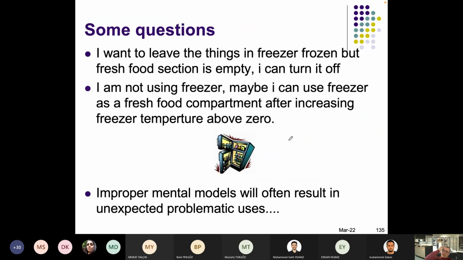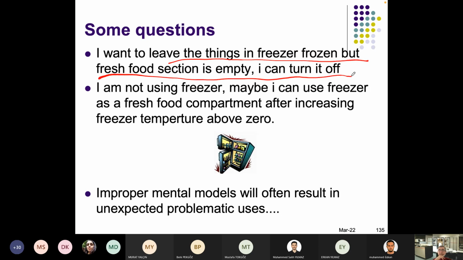So several questions, several usage scenarios, incorrect scenarios can be faced. I want to leave the things in the freezer frozen, but the fresh food section is empty. Can I turn it off? So if you are not using the fresh food section, can you turn it off?